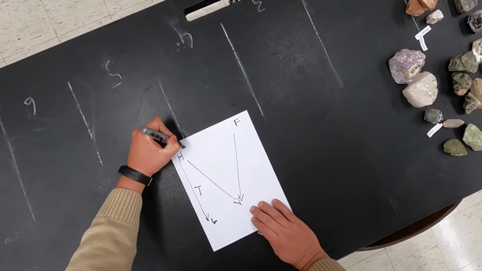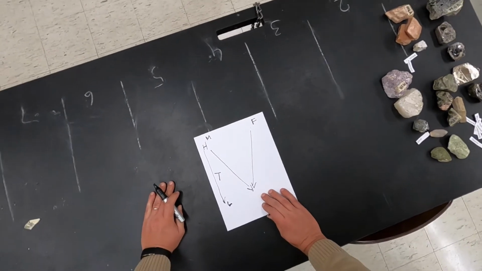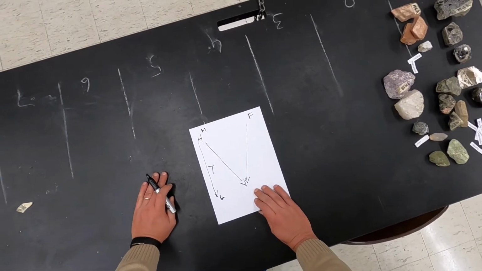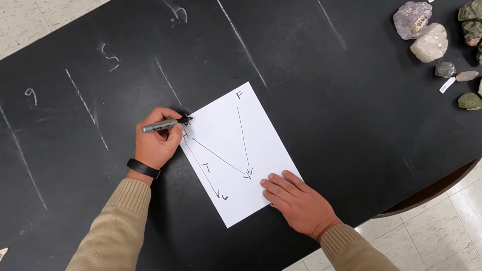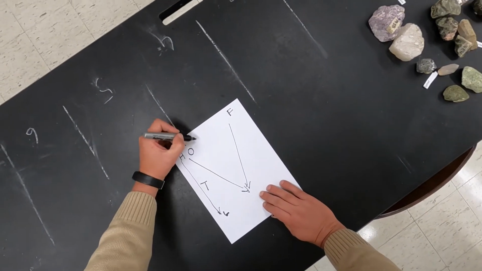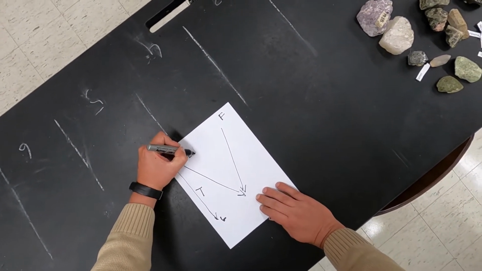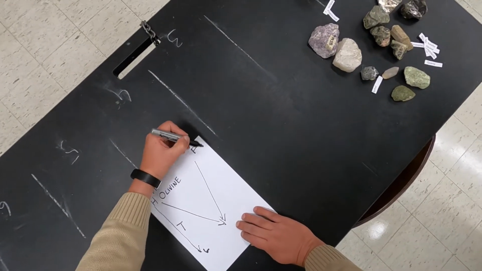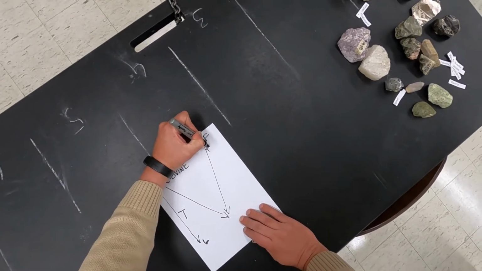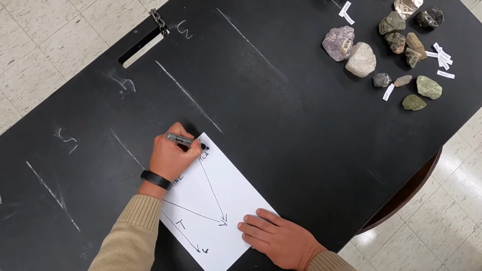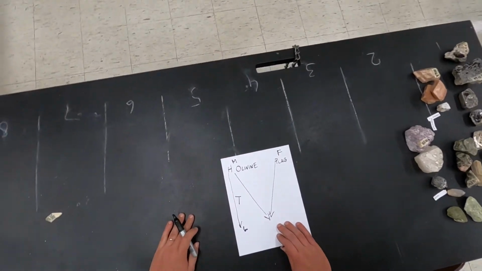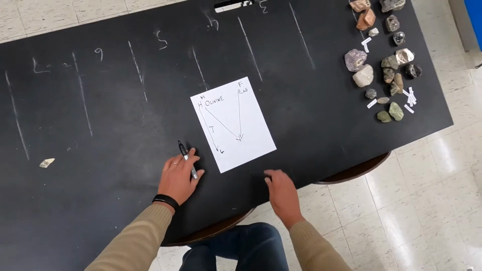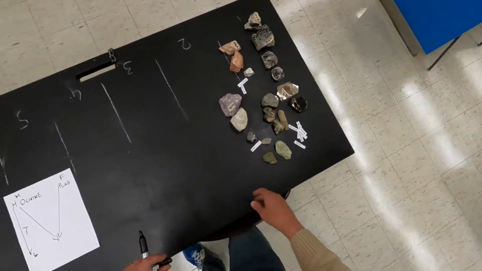On this side we will have the felsic minerals, on this side the mafic assemblages. So if you remember, we start with a mineral called olivine, and here we have plagioclase. So where are these minerals here?